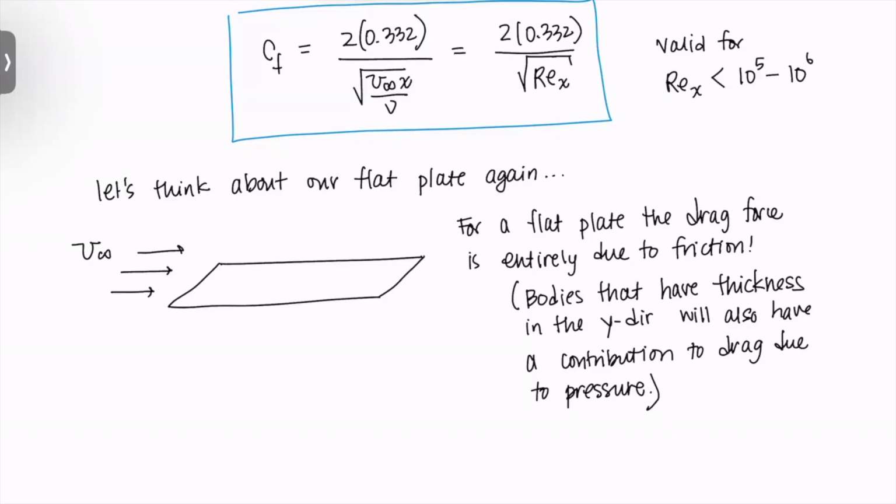Yeah, that's fair. It's perfectly symmetric. So even if you had flow on top and bottom, this would not have lift just because of the symmetry. As soon as you angled it, though, you would both generate lift and generate a component of pressure to the drag force. Does that make sense?